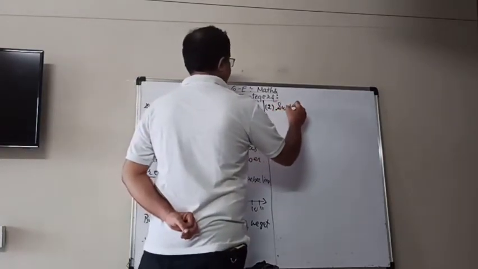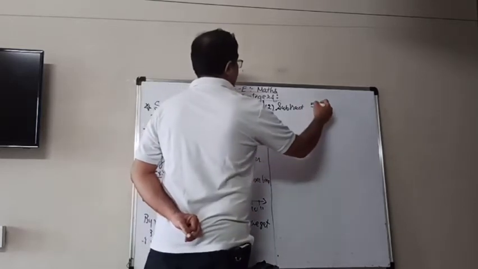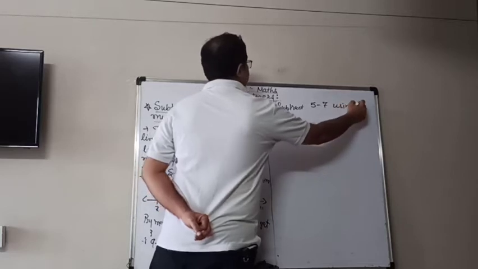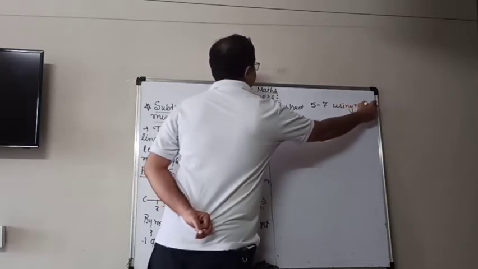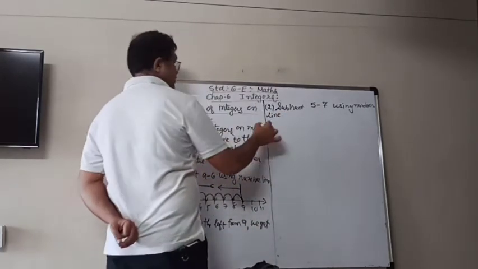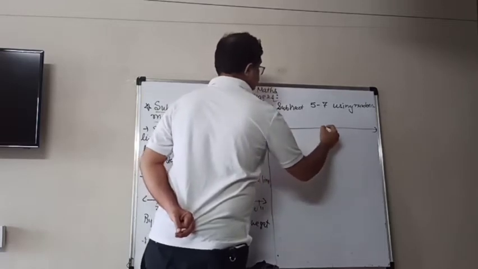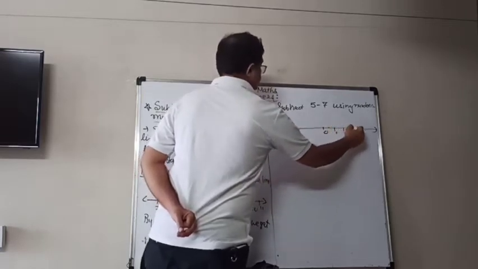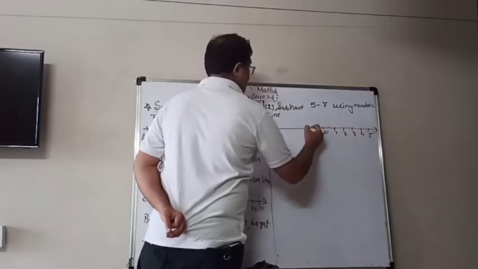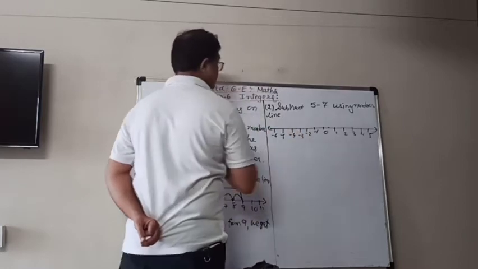Subtract 5 minus 7 using a number line. So here, 0, 1, 2, 3, 4, 5, minus 1, minus 2, minus 3, minus 4, minus 5.